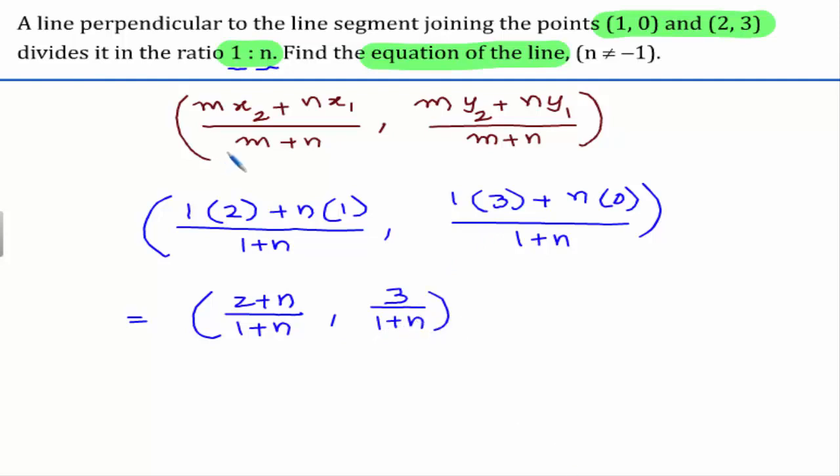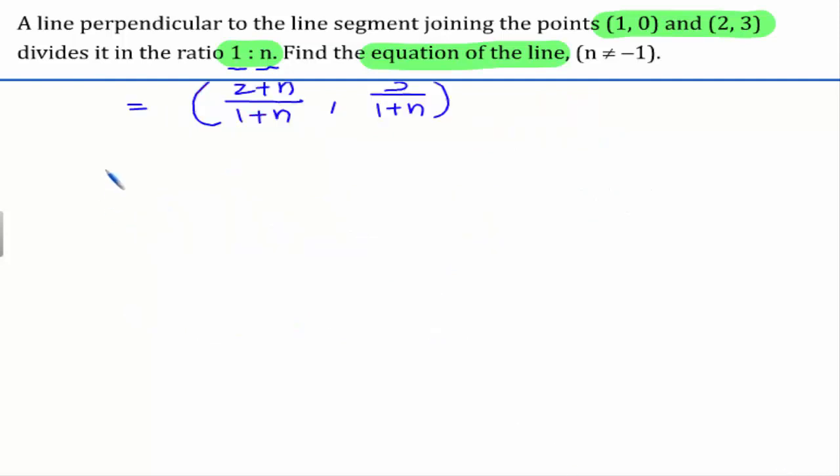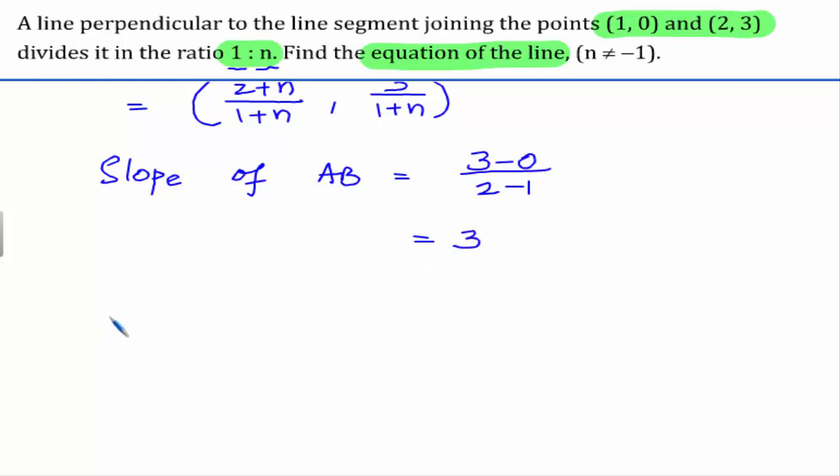Now to find the slope of the line, let us find the slope of the line segment AB, which is (3 minus 0) by (2 minus 1). This will be 3. Now the slope of the line will be minus 1 by 3.